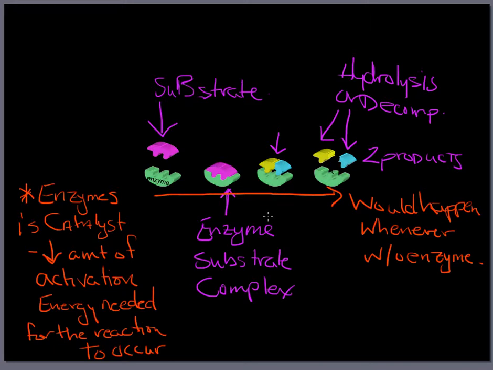The enzyme's purpose is to allow that chemical reaction to actually occur. Okay, so without the enzyme, you may not have this reaction happen. You may not have the synthesis occur. It's the enzymes that are there that are going to be responsible for really initiating and making those different reactions occur.